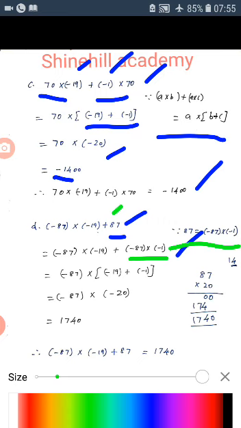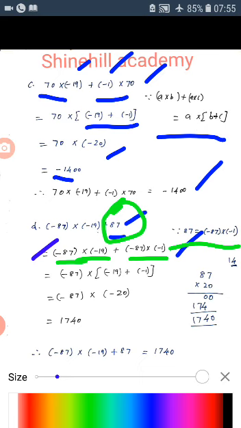Because this first number is minus 87. Okay, so write it then the plus 87. So minus minus plus, minus into minus also plus. So the second equation is minus 87 into minus 19 plus minus 87 into minus 1.